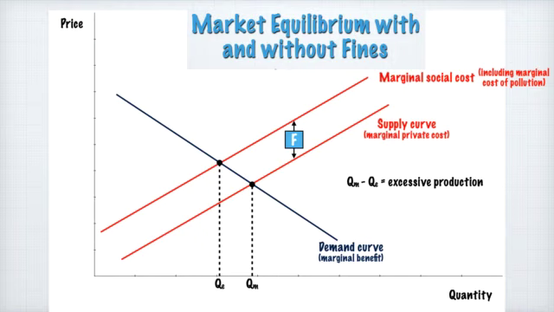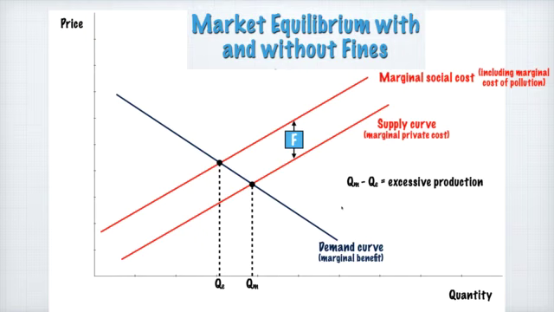We would take at a production level, what are those external costs that this firm is imposing upon individuals, and divide by the level of production, which would give us a per unit cost of those externalities, and we would fine the firm that amount. That gives us the vertical distance between the marginal private cost, the supply curve, and the marginal social cost, and that brings us to the efficient level.